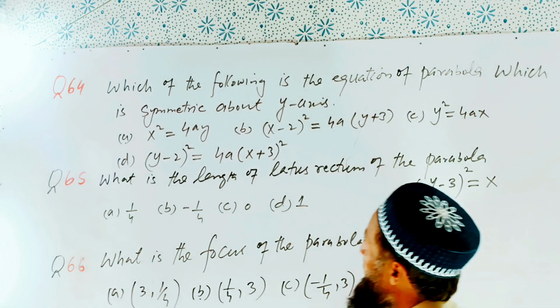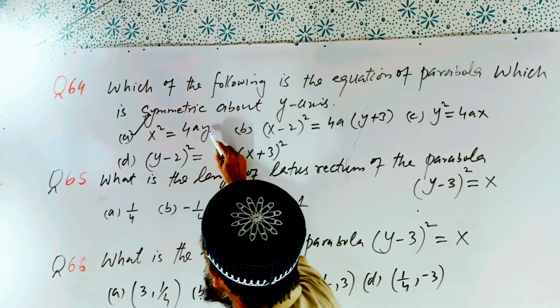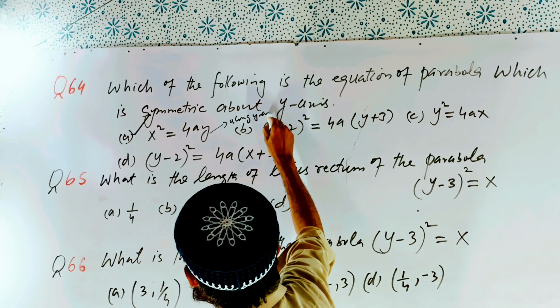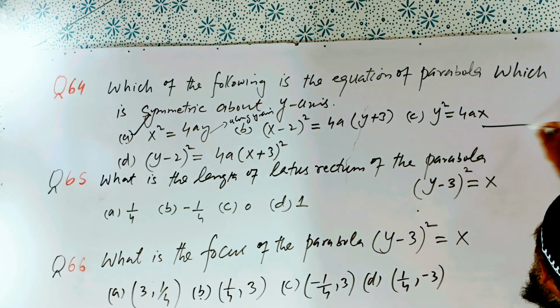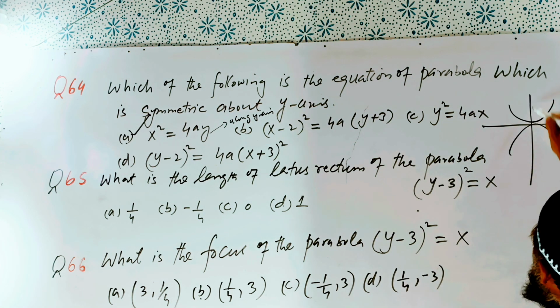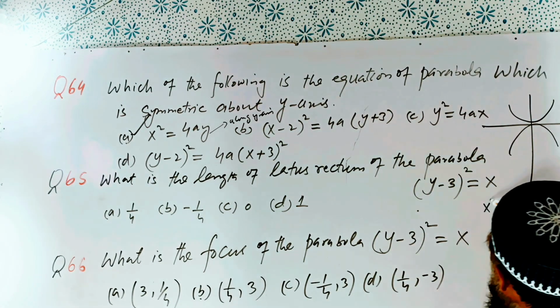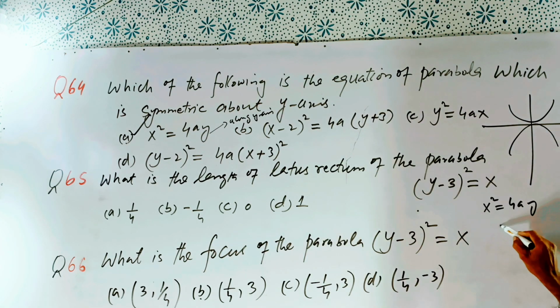So here, this option is the correct option because the parabola is along the y-axis, upward or downward. Then x square is equal to 4ay if upward, and if downward we use the other equation.